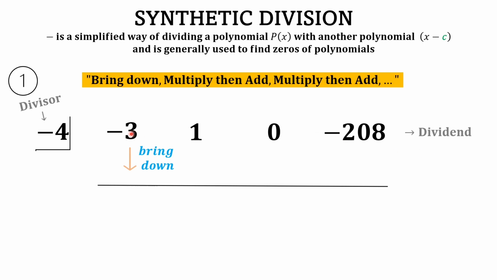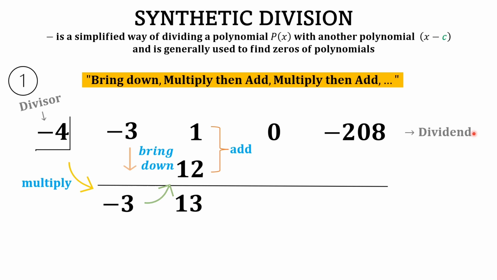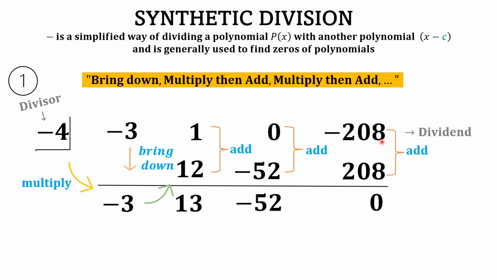So bring down negative 3, multiply it with negative 4, write the product below 1, add 1 and 12, write the sum below them, that is 13, multiply it with negative 4, write the product below 0, add them, that is negative 52, multiply it with negative 4, that is 208, write below negative 208, and the sum is 0.